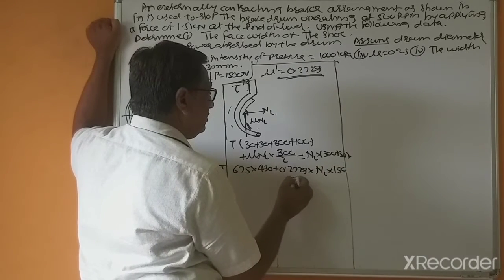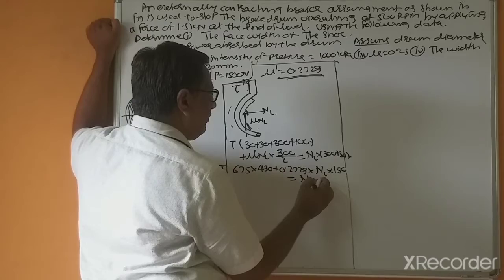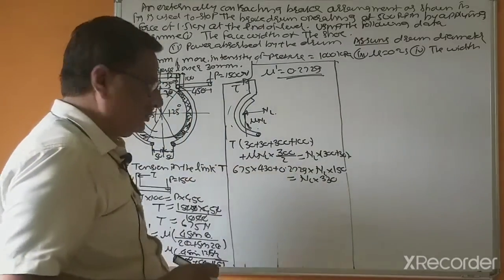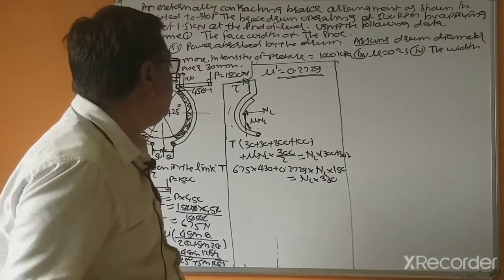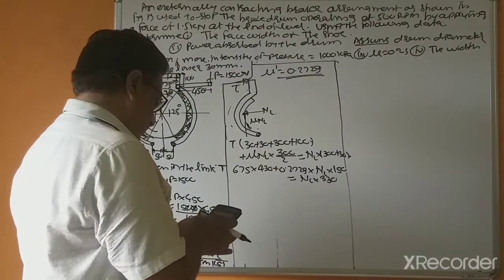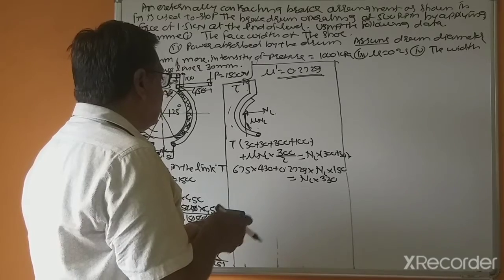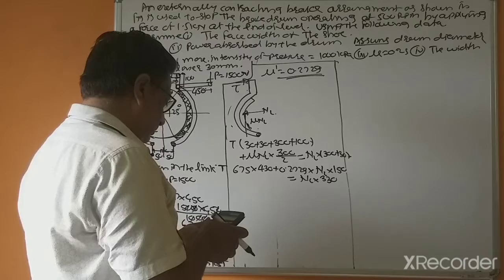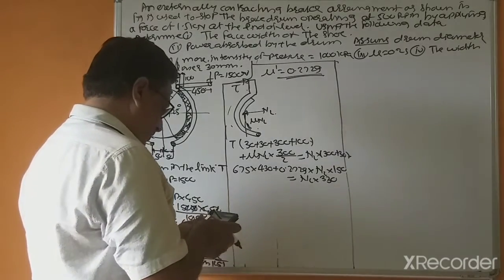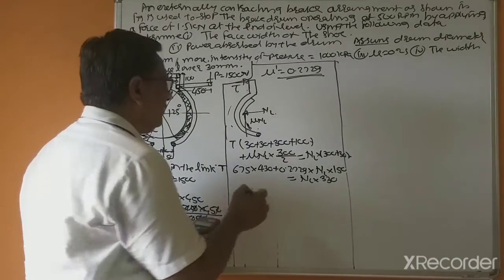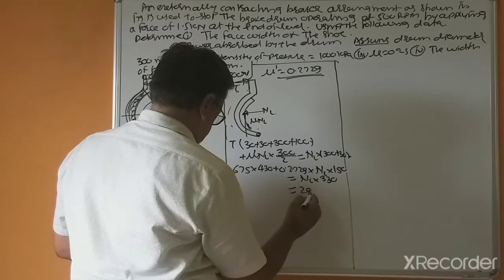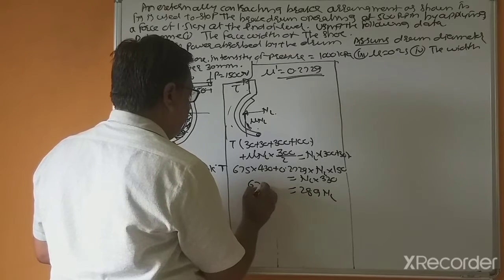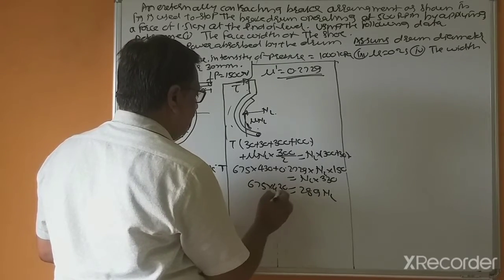150. NL equal to 330 multiplied by 150 minus 330, this is equal to 289 NL, and this is 675 multiplied by 430.